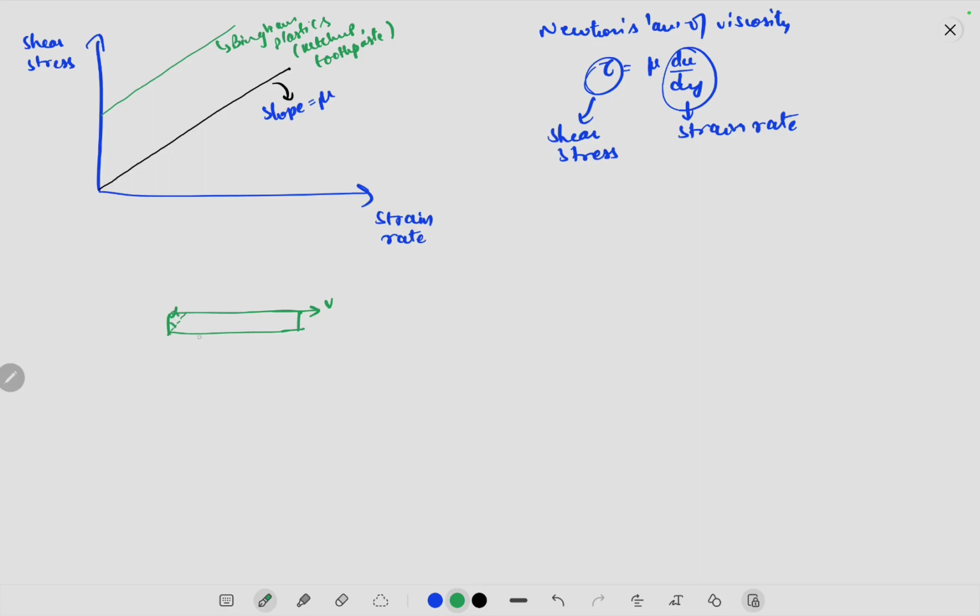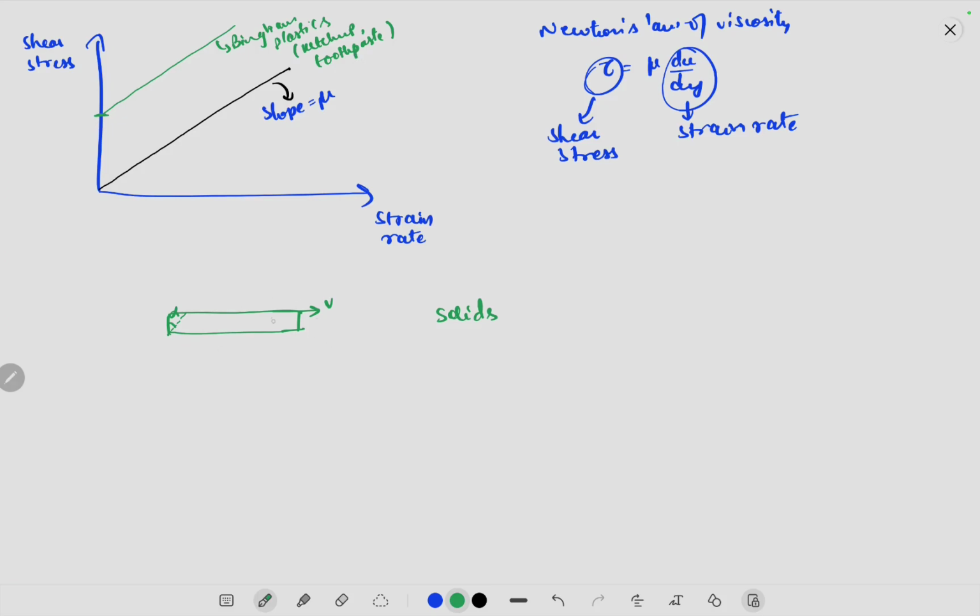Now if this deformation is very small and due to this the shear stress developed inside the fluid is very less, then these kinds of fluids behave like solids if the stress developed is lesser than this value. Now if you go on increasing this V, that is, go on increasing this deformation such that the stress value reaches this critical value, then suddenly these fluids will act like normal fluids.